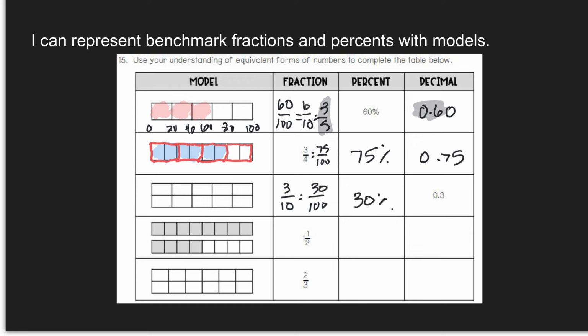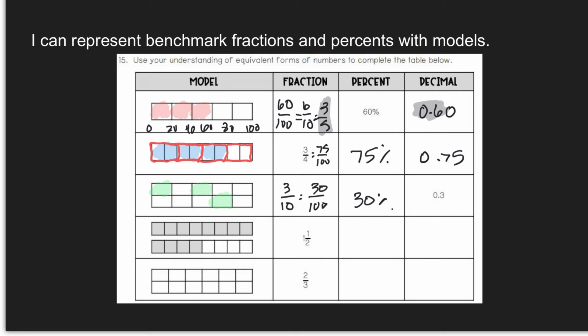And then over here they have 1, 2, 3, 4, 5, 6, 7, 8, 9, 10. So we know we need to color in 3 of those. However you want to color it, they don't need to be next to each other. So any 3 would work. As long as 3 of them are colored in, that's all that matters.